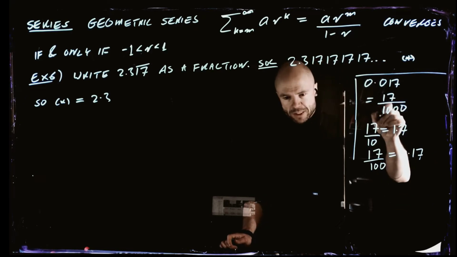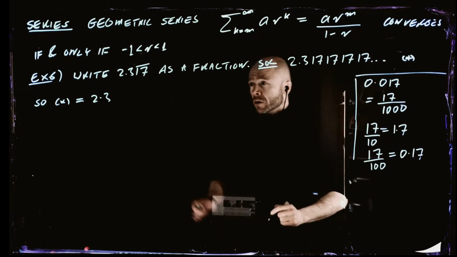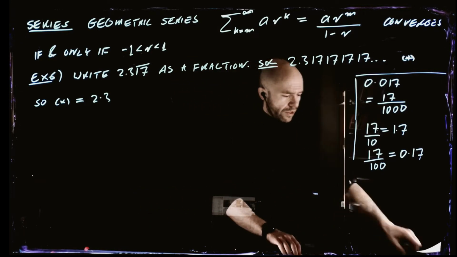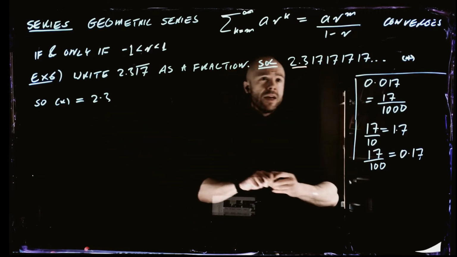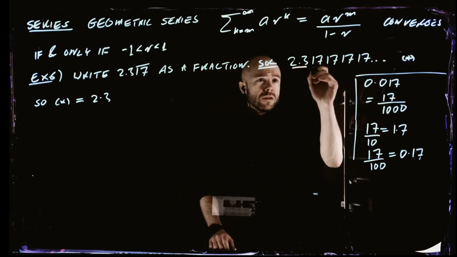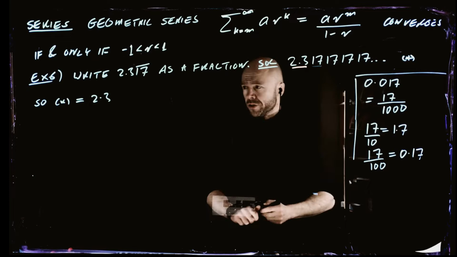So it has to be dividing by 1,000. So in order to get the first 3 digits, we have this 2.3, which we've put over here. And then if we add 17 over 1,000, we'll get these next 2 digits.